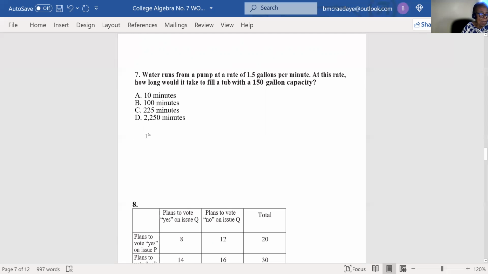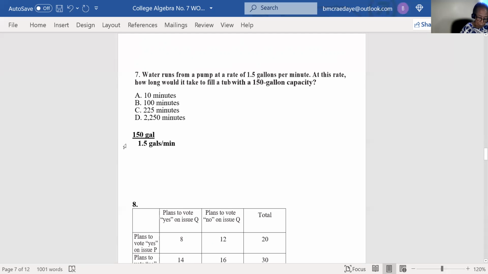So that would be 150, and that's gallons, right? And divided by the rate, and the rate is, let's just underline that, 1.5 gallons per minute. That's the rate.